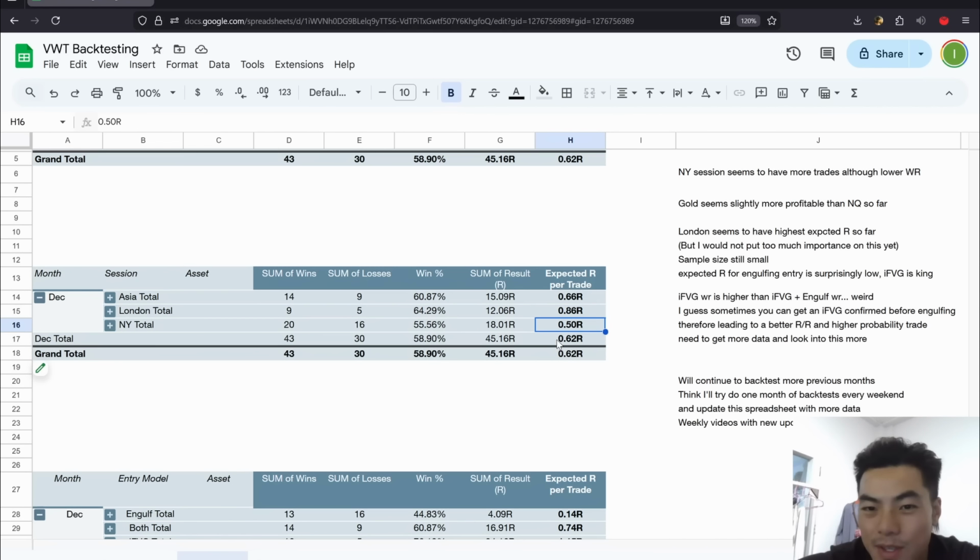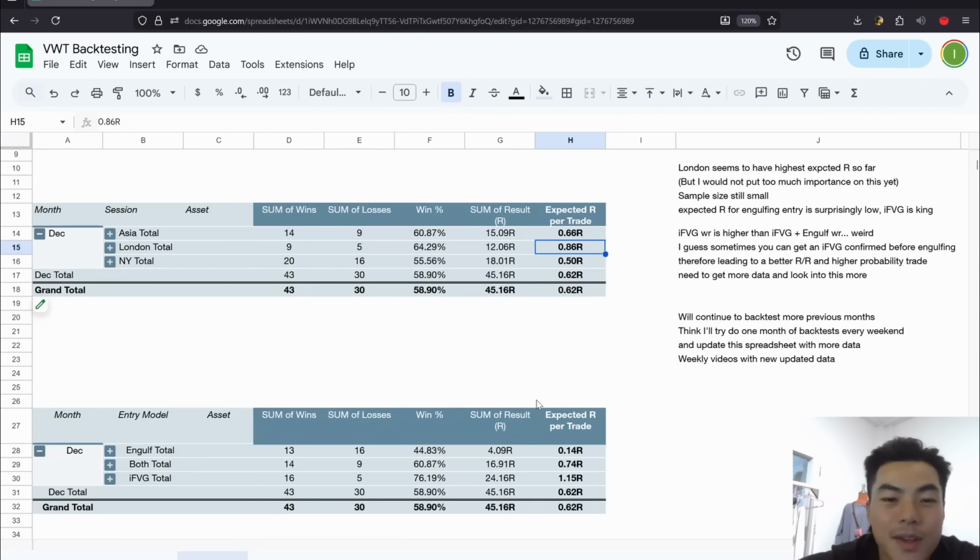New York was actually the lowest, even though it had the most trades. It had a big number of wins and a big number of losses, still a positive win rate and a positive expected R value, but behind Asia and London. So that's an interesting figure. London tops it so far.